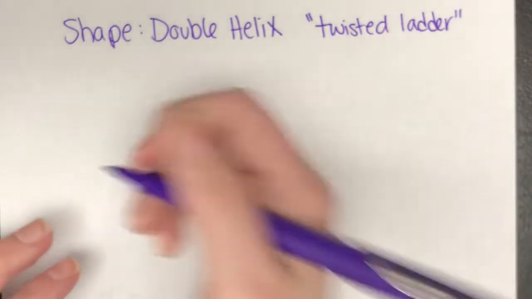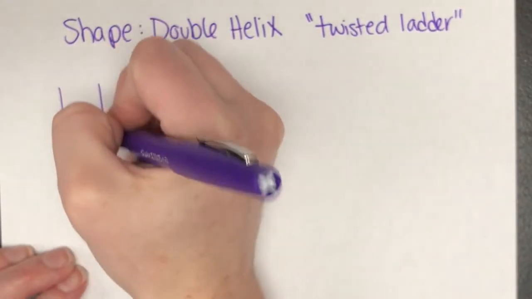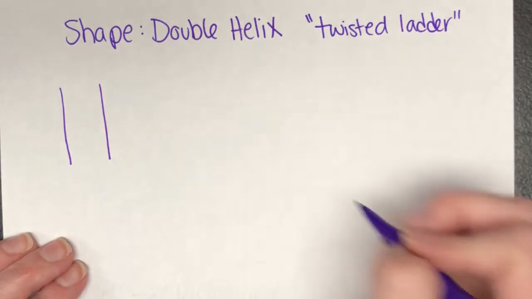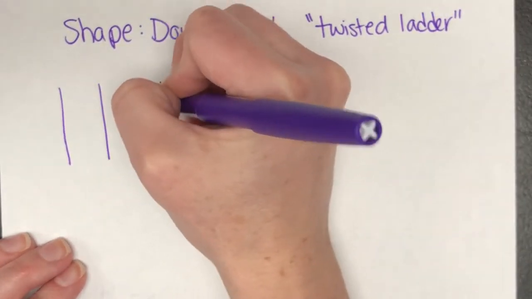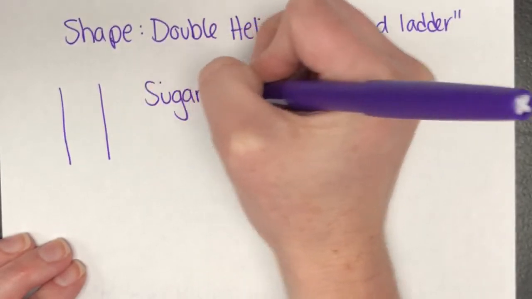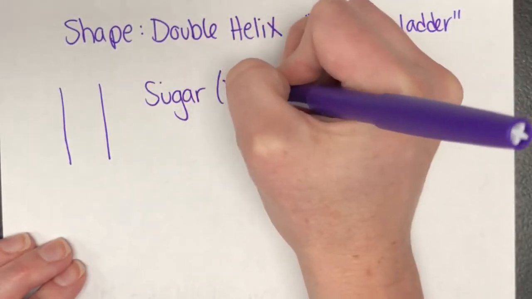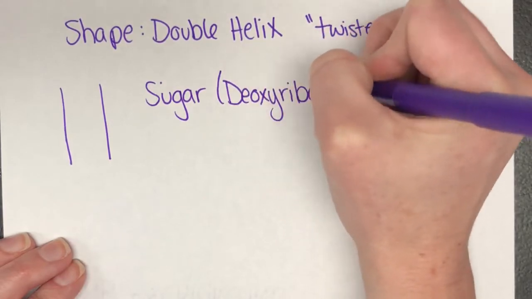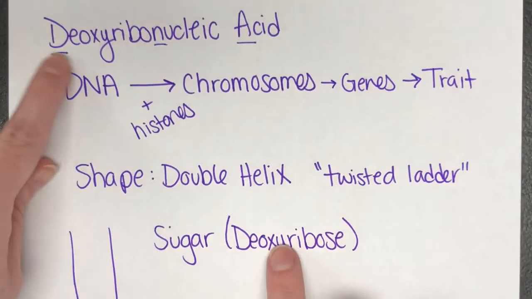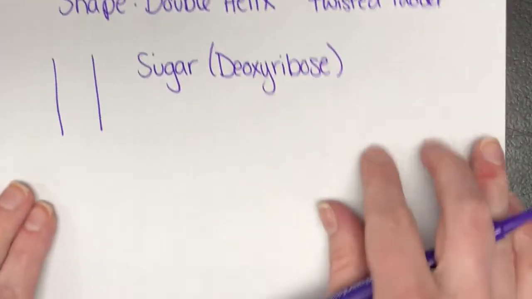So, the sides of the DNA ladder are made up of alternating sugar and phosphate molecules. And that sugar is called deoxyribose. So that's where part of that name comes from.